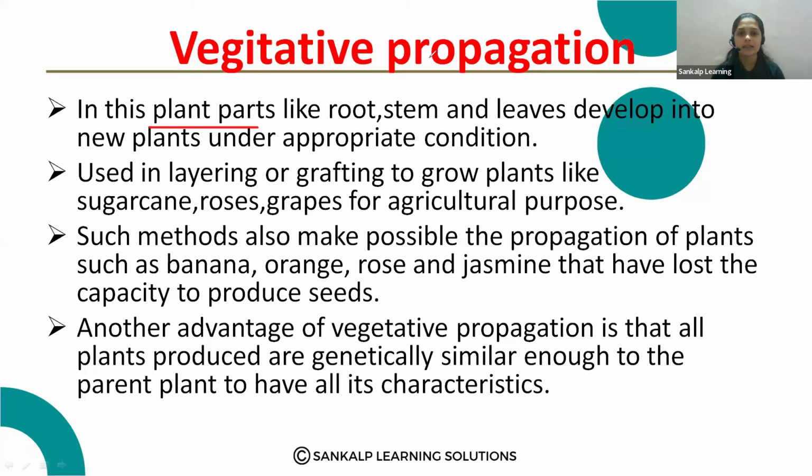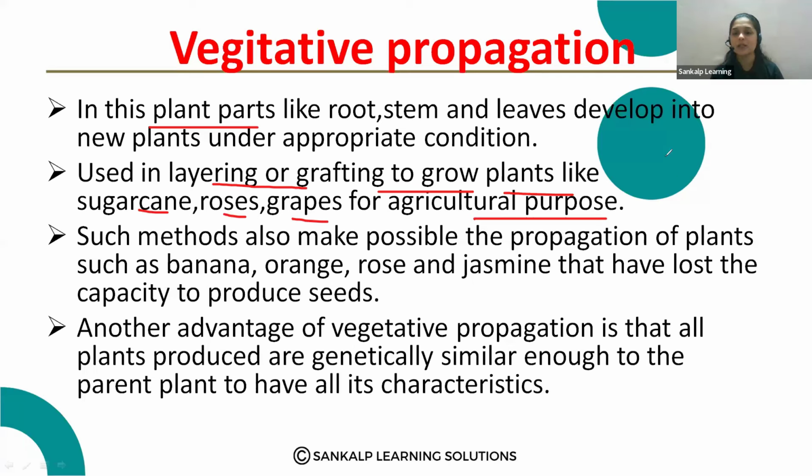Here vegetative propagation is used in layering or grafting of plants like sugarcane, roses, and grapes, for agricultural purposes. Grafting, you may know. You can take two parts of plants.